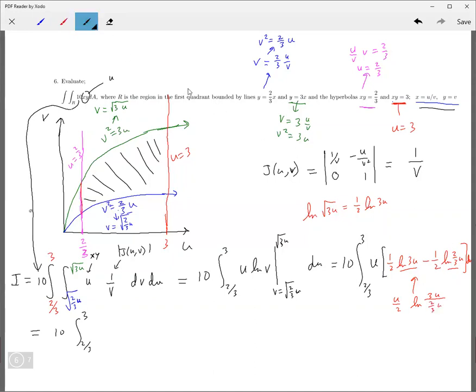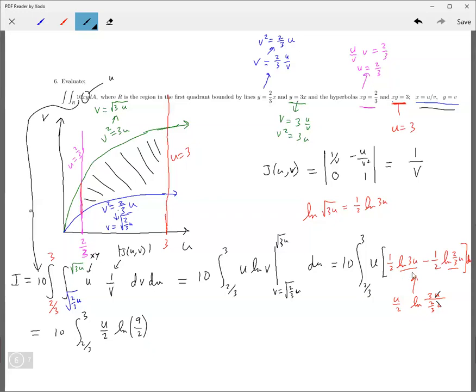And so the u's miraculously cancel out, and what you end up with is simply u over 2 times the natural log of 9/2.